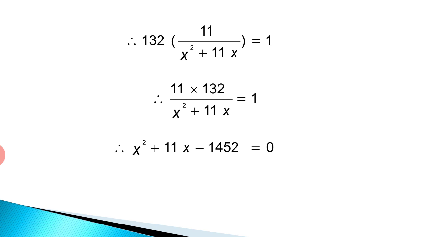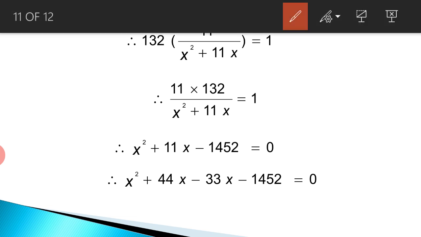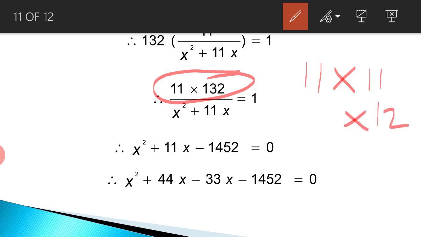If you want, you can go with the quadratic formula, but I'll suggest you go again with the splitting middle term method. x square plus 44x minus 33x minus 1452 is equal to 0. Because with 1452, it is very easy to get the factors. You have 11 into 132, and 132 is 11 into 12.